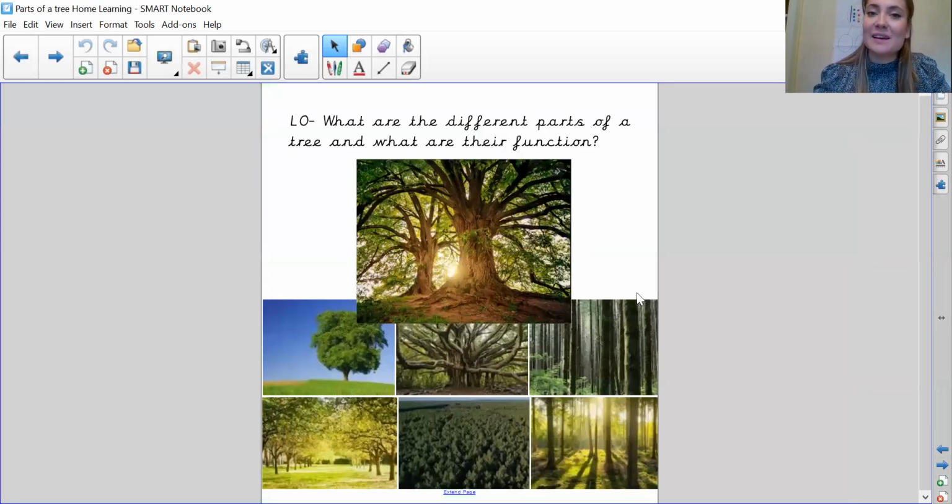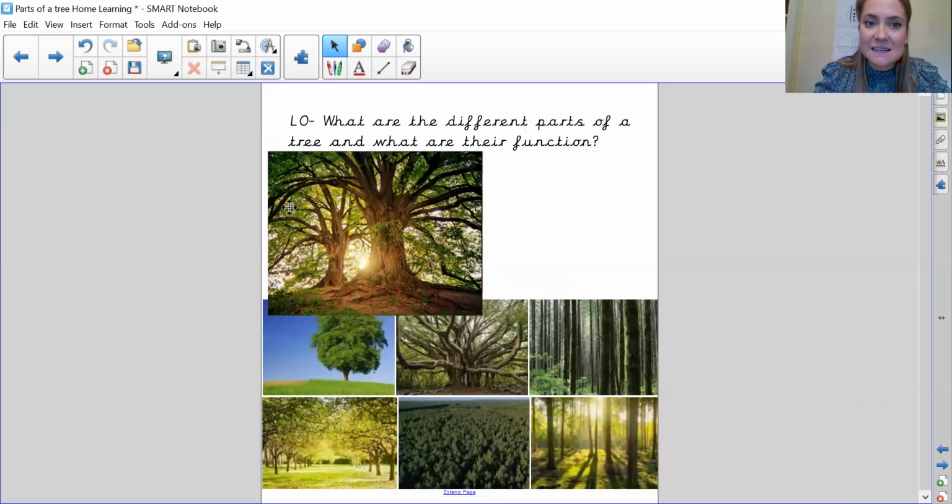Okay, so let's have a look. We're going to be having a look at different parts of a tree and their functions. So let's have a look at some of these parts of a tree. Can you see this tree here and all of the branches coming off it? Then it's got a huge part in the middle, and that's called the trunk. And then at the bottom, what can you see growing there very slowly? That's right, we can see the roots, can't we?